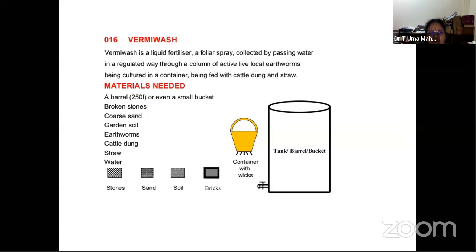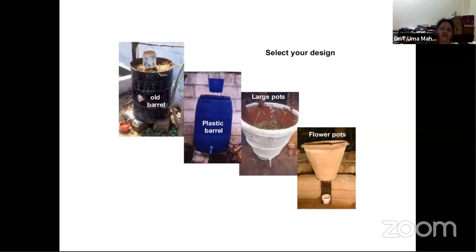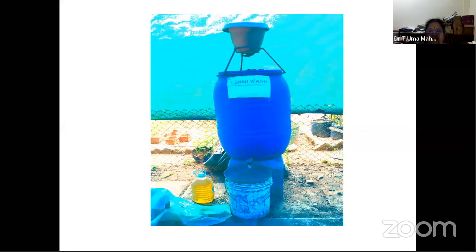Now how do you produce it? It needs a particular structure. You can use any old barrels, such as drums with paint inside, or plastic water barrels, or large pots, and create such a structure. In rural areas we see they keep a water pot with a tripod stand, from which water drops, and near the base they keep a tap and collect it.